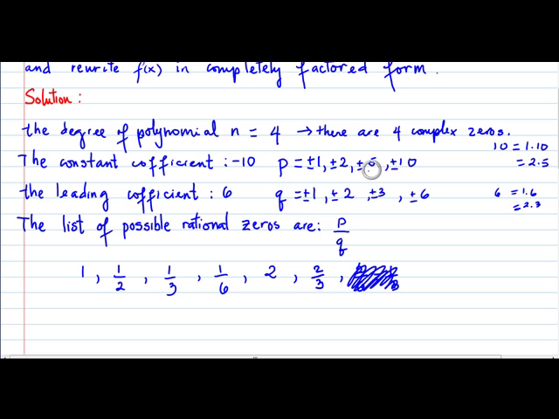Now I put 5 over 1 is 5, 5 over 2, 5 over 3 and 5 over 6. Now I'm going to continue to the number 10. 10 over 1 is 10. 10 over 2 is 5, but I already have 5 here, so I don't have to copy it down.